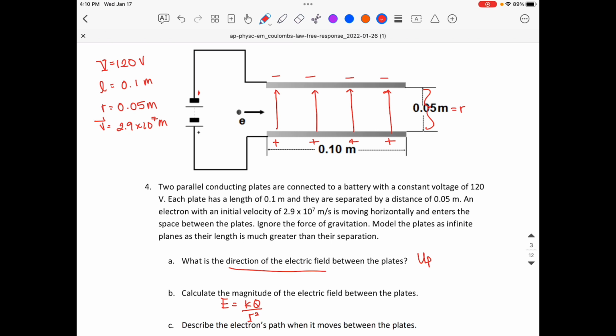So the unknown here is Q, but what we do know is that we're given voltage, and the equation for voltage is KQ over R. So if I solve for Q here, I get VR over K, and then I'm going to plug VR over K into my equation.